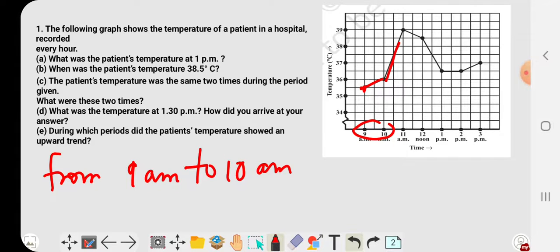Then again from 10 to 11 also. Or you can directly write from 9 to 11, because in 9, 10, 11 there was only an increase. We haven't got any decrease here.